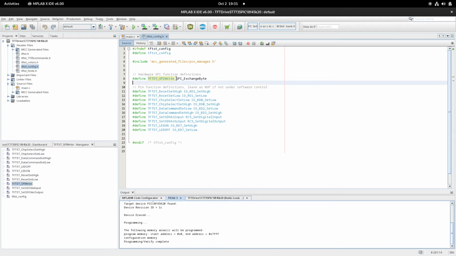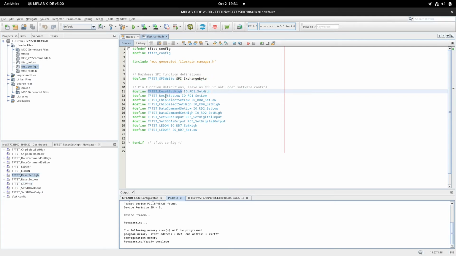The first definition is SPI write, and you put your SPI write function here. In this case, I have used the code configurator to generate the hardware SPI configuration, and it generates the SPI exchange byte method, and I'm going to show you how the code configurator works in a sec.